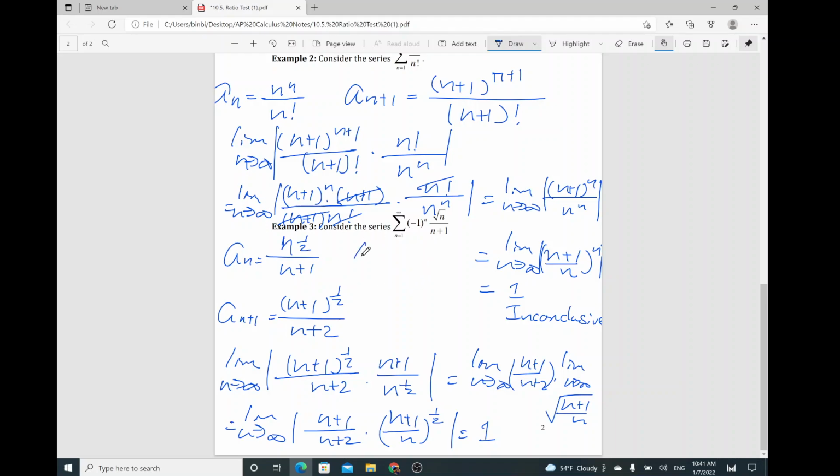So this one, if you take the limit as n goes to infinity of n to the power 1 half over n plus 1, it's infinity over infinity, so using L'Hopital's rule we'll see that this one here is 1 half n to the power of negative 1 half. So this one is going to be 0.